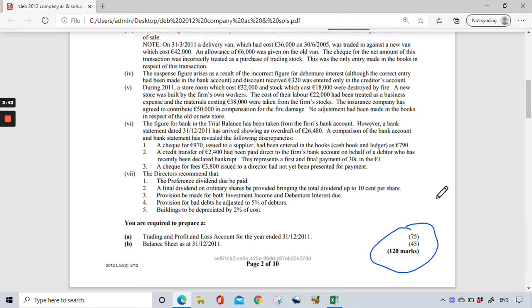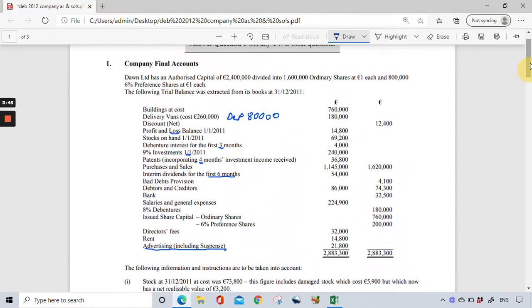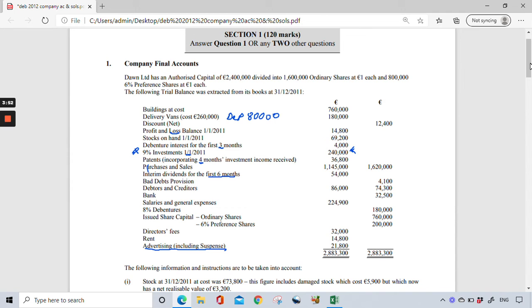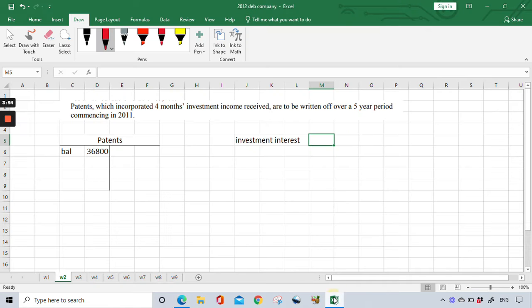So if I go back to the question, investment interest for the year, 9% investments on 240,000. So 9% of 240,000 equals 21,600. Okay, I'm going to take away 4 months.